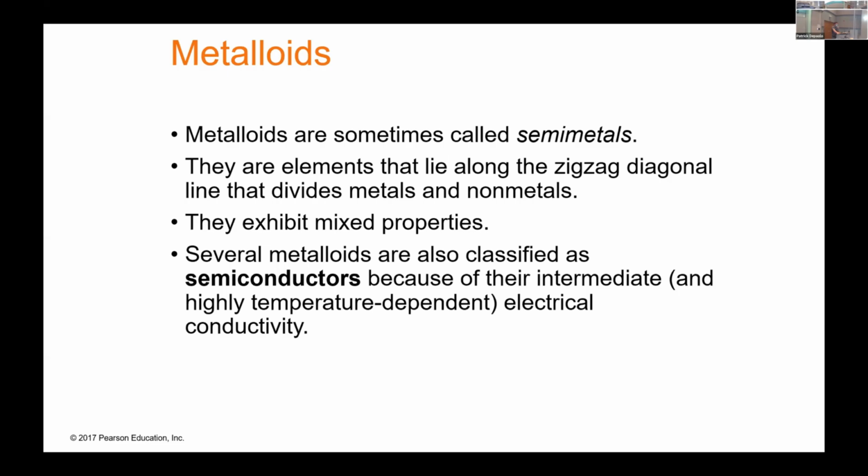Semiconductors like germanium and silicon have very good semiconductor properties, meaning the amount of current that goes through them can be regulated. And this is how computers became a thing, because we can have silicon chips that we can change and regulate the current that goes through them to get different signals. So they're very important.